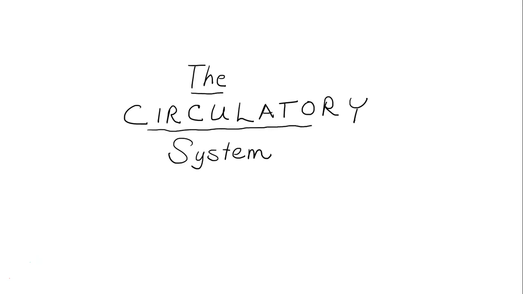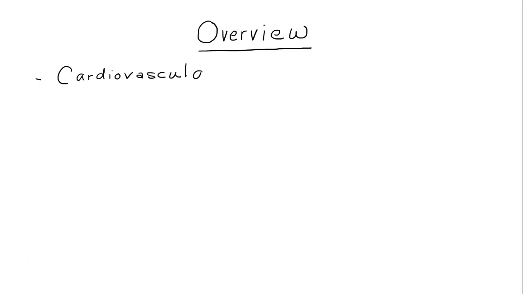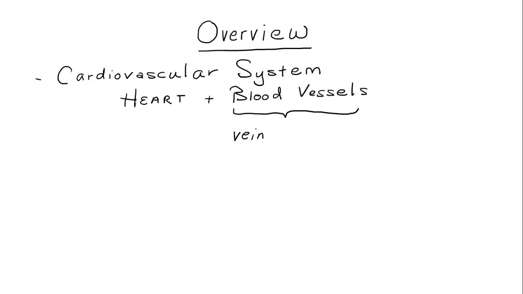This lecture is on the circulatory system, or we should actually say systems, because a circulatory system is any organ system that is involved in circulation, and circulation would mean the movement of substances through tubes, such as the cardiovascular system, which consists of the heart and blood vessels.